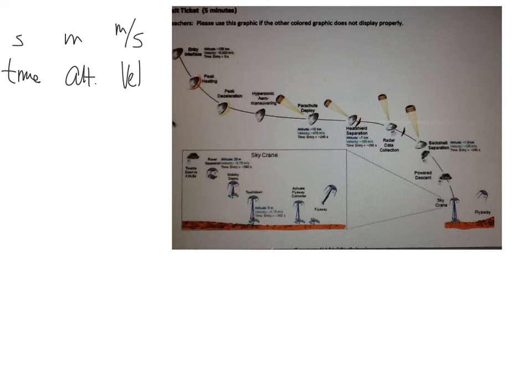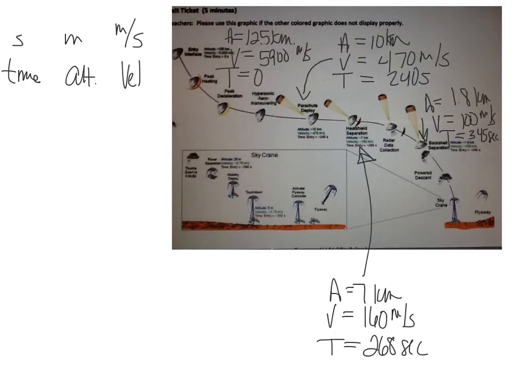Time's all in seconds, so let's look through. I looked at this really close and labeled the points that were already labeled, and we can set up a table for it. So first we have time equals 0 seconds. The next time I have is 240 seconds, and then 268 seconds, and then 345 seconds.